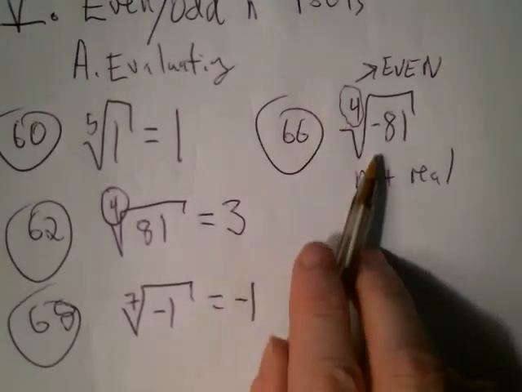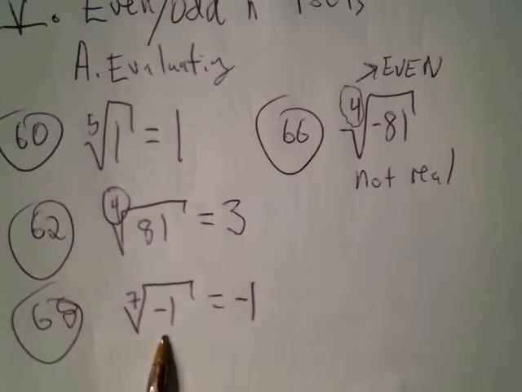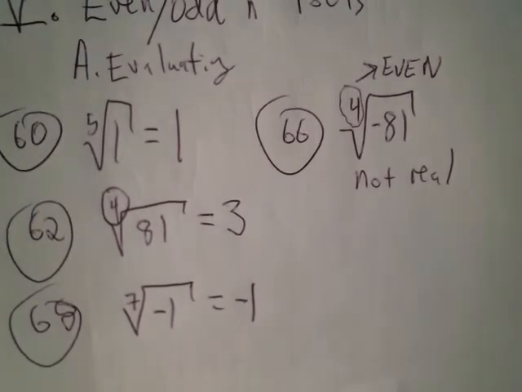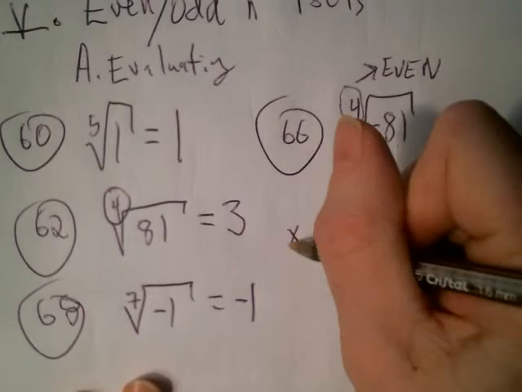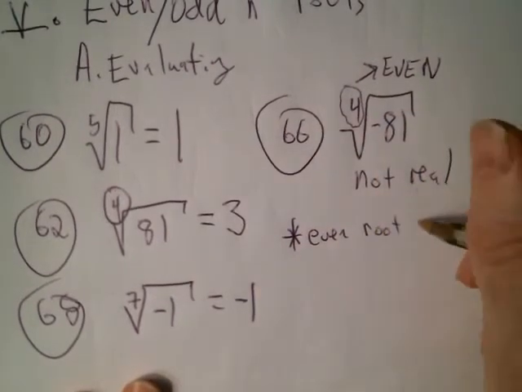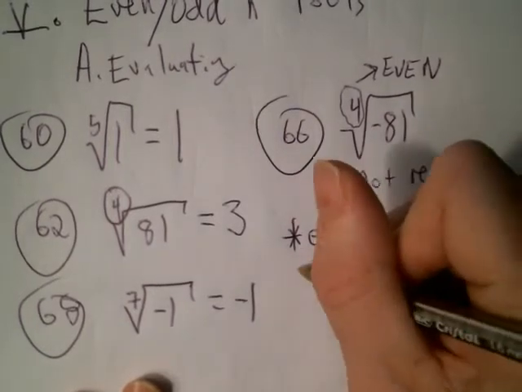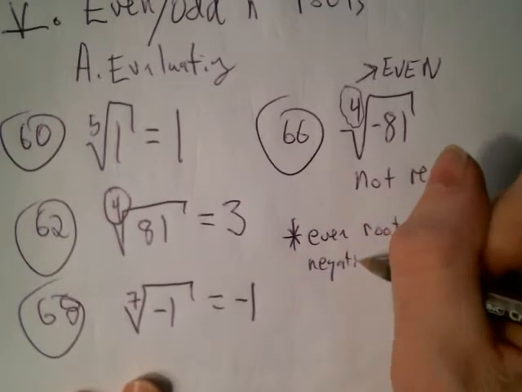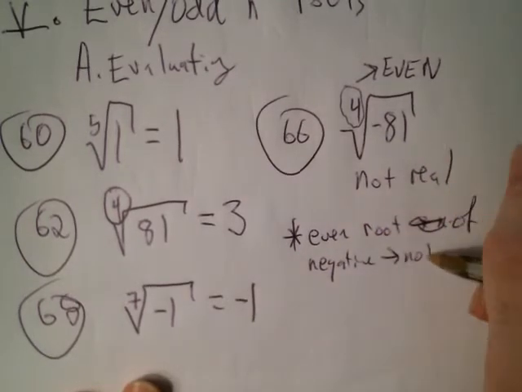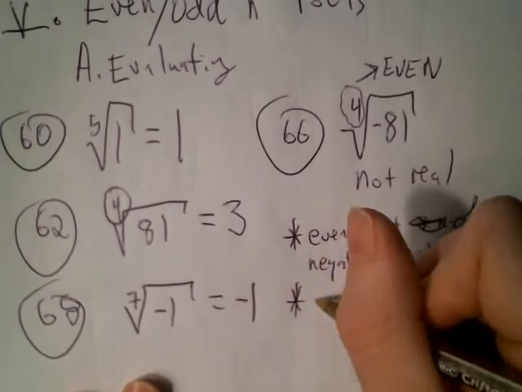But here it's even root, negative on the inside, can't do it. And down here, of course, odd root, negative on inside, you can do it. Right? Okay, so even root of a negative is never real. Odd root, though, is okay.